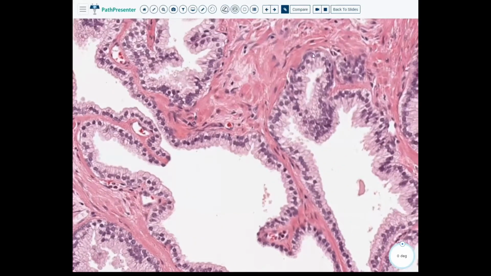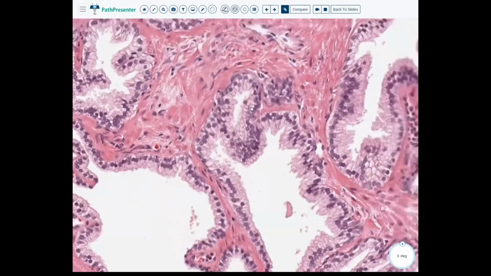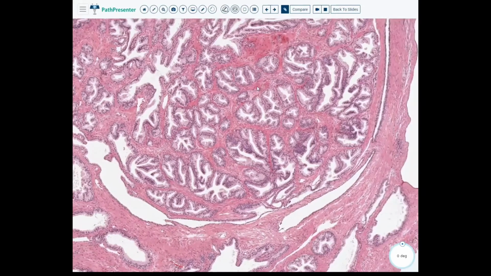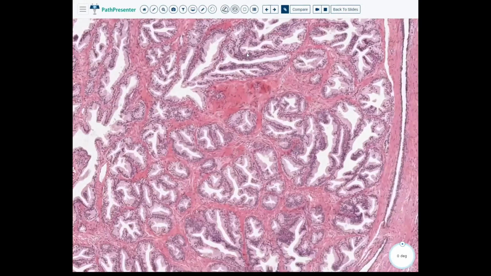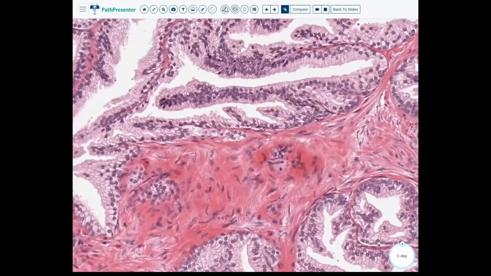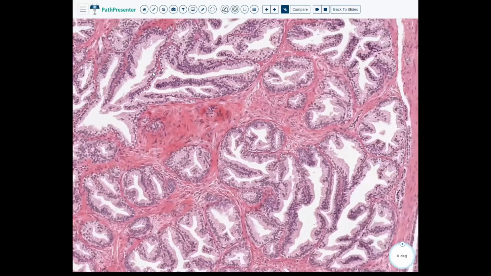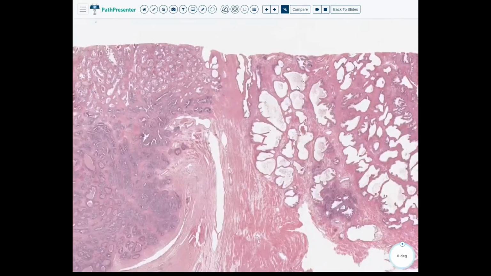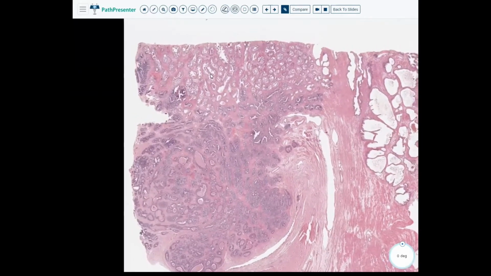Again, you can get these areas where it's difficult to tell what's actually a luminal cell versus basal cell, and that is why we do stains as well. This looks just maybe a little more like hyperplastic type glands. It definitely looks different from what we were seeing in the other area of the slide.